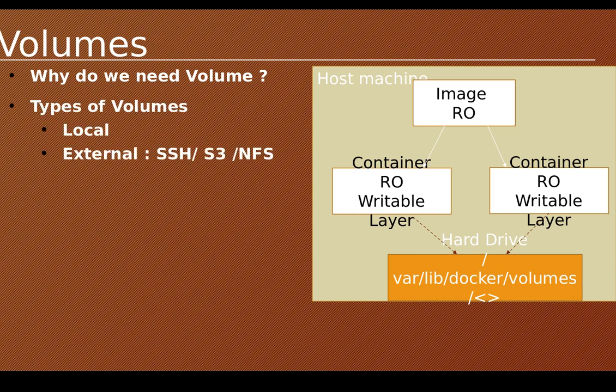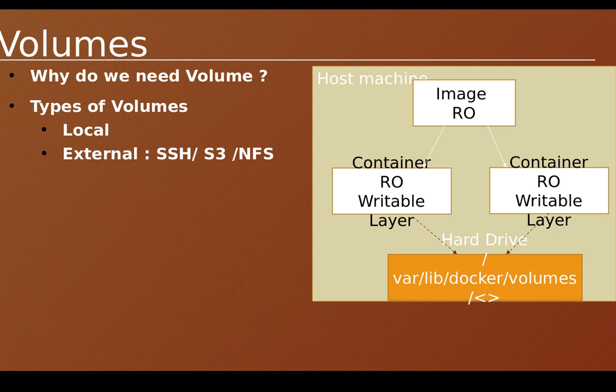We'll explain it more. We have different types of volumes, like local or external. In terms of local, the Docker host machine has a file system, and you can use that file system as a volume. External, like SSH-based: if you want your file system to be SSH-based, you can use an SSH-based file system, S3, or an NFS-based file system.